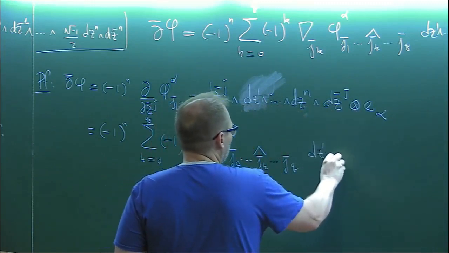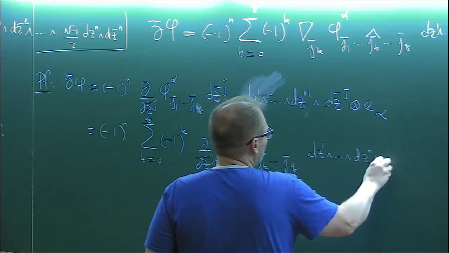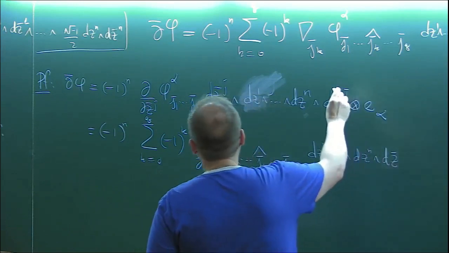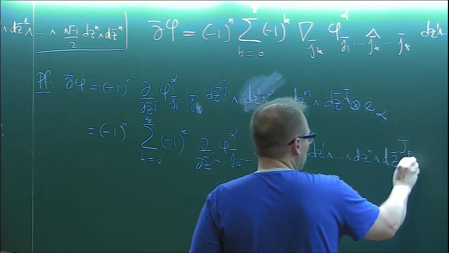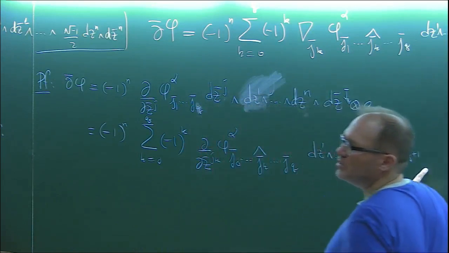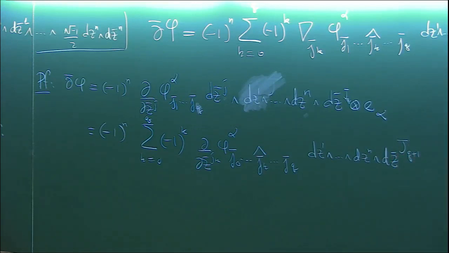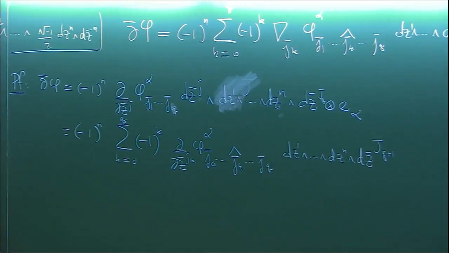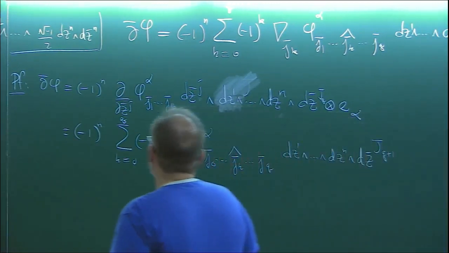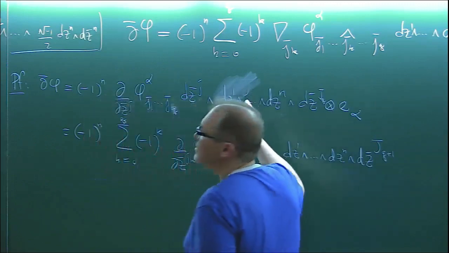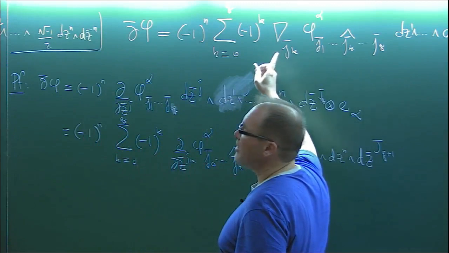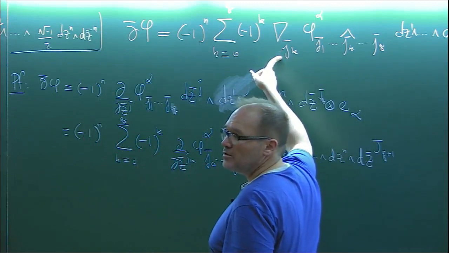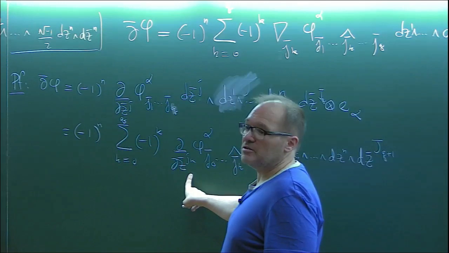So dz1 wedge, dzn wedge, dz bar. So let me, so this is j sub q. This will be dz bar j q plus 1, just to distinguish that these are different indices than the previous step. Okay, so you have to convince yourself of this, and then you're done, because for the Chern connection, the d bar, the 0,1 part, which is acting on a 0,1 vector, is just d bar.